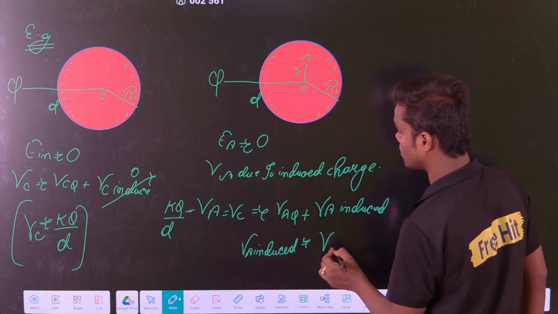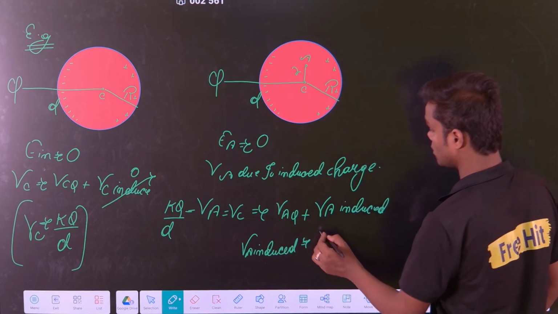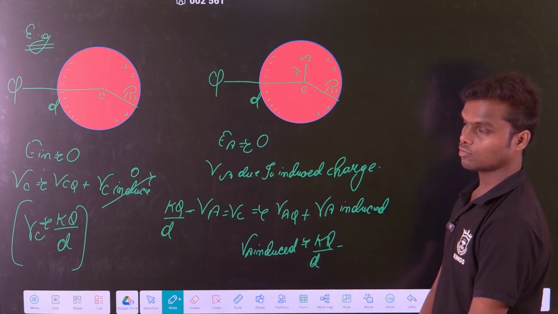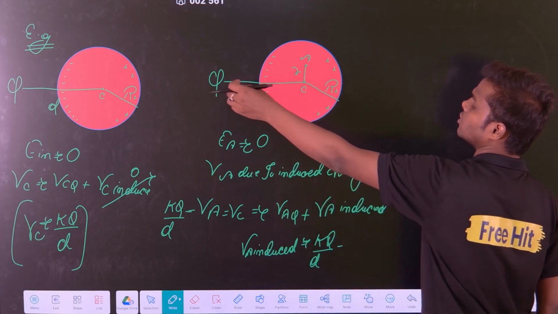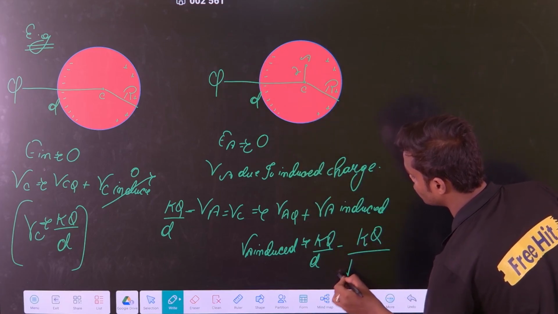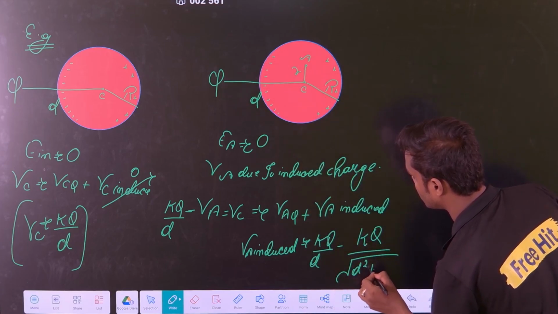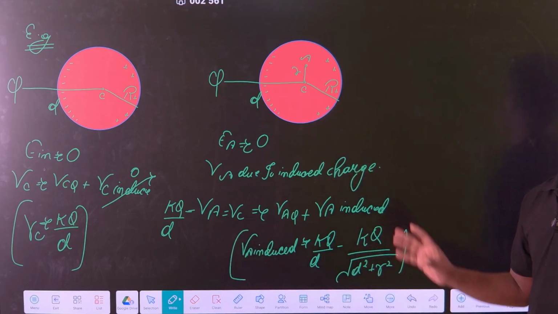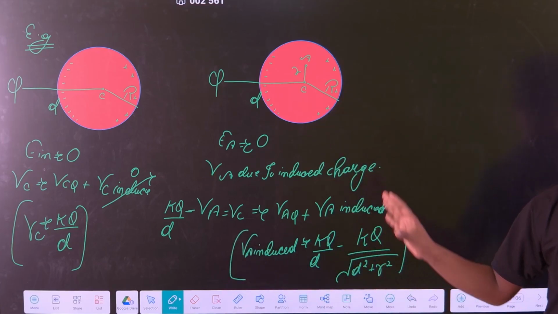That will be nothing but KQ by r minus the potential at A due to Q. What is the potential at A due to Q? KQ, what is the distance? This will be KQ by root over of D square plus R square. I hope you understand what I am trying to explain. Just see this and digest this for 1 minute.